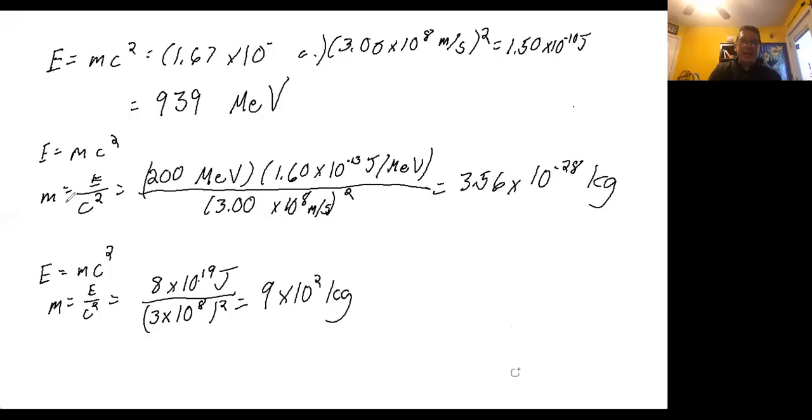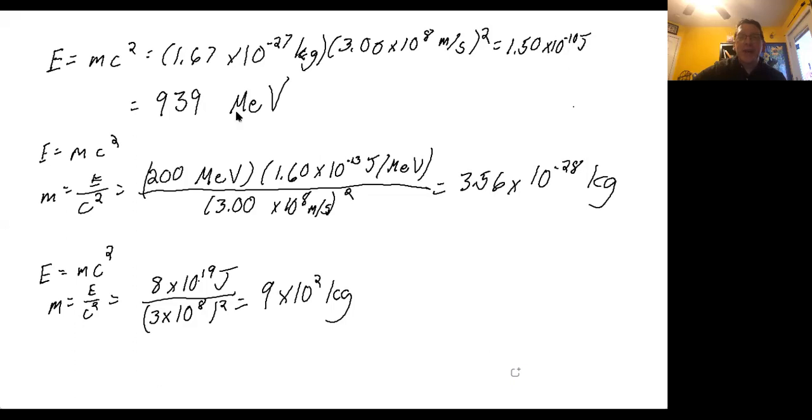So getting back to the whiteboard, you see the mass is equal to the energy divided by c squared. So what you do is you figure out the energy in mega electron volts and divide that by c squared. And so we did that right up here. So that's 1.67 times 10 to the negative 27 kilograms times c squared, and that gives you joules.